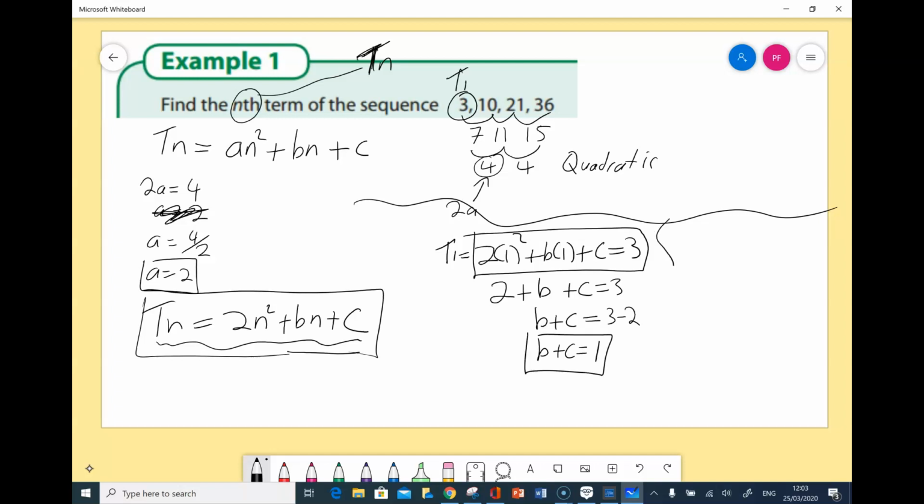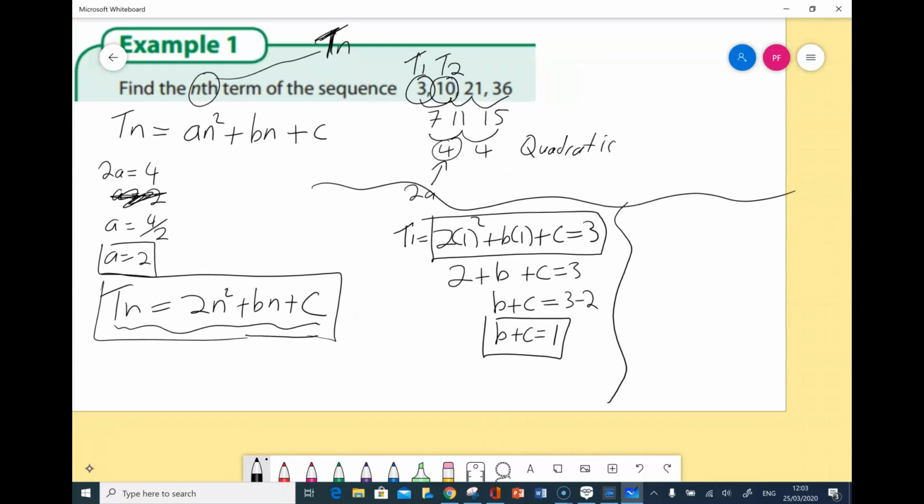Now I'm going to do that one more time using the next value, T2. I know that T2 is equal to 10. So let's use my Tn formula.